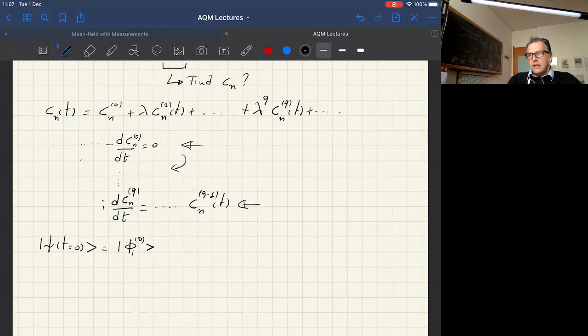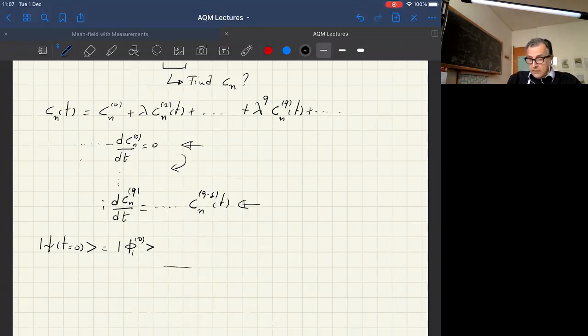The only thing we did was to show how to compute the probability of transition from one eigenstate phi 0 of i to another eigenstate phi m of i in perturbation theory.